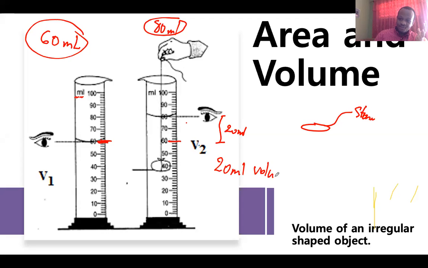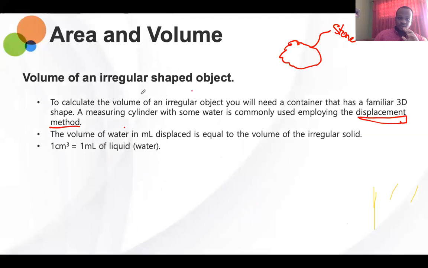But you can't say 20 milliliters because milliliters is used to measure liquids. So we have to change that now to centimeter cube. So 1 centimeter cube is equal to 1 milliliter of liquid. Remember, liquid is measured in milliliters. So we can't say that the volume of the stone is in milliliters, right?